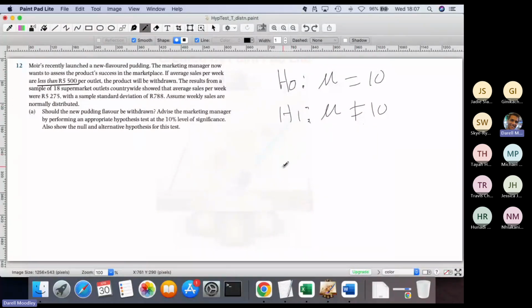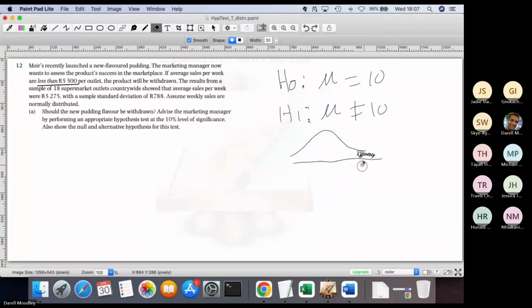When you have a case like that, you have two rejection regions, one on the left and one on the right. That's what we did last week. But today, we are going to cover the case where there's only one rejection region. It can either be on the left or on the right, but not both.